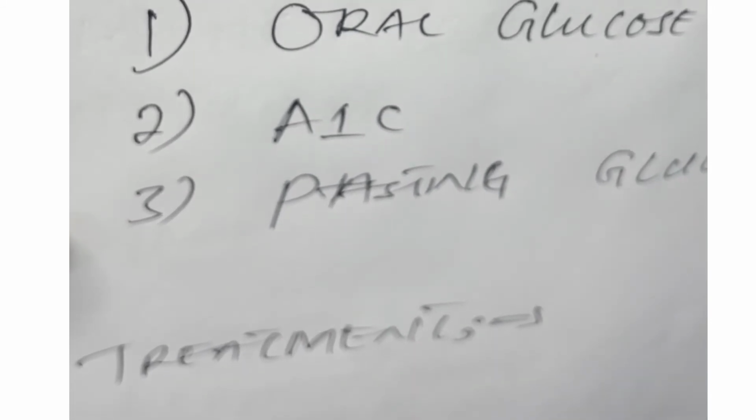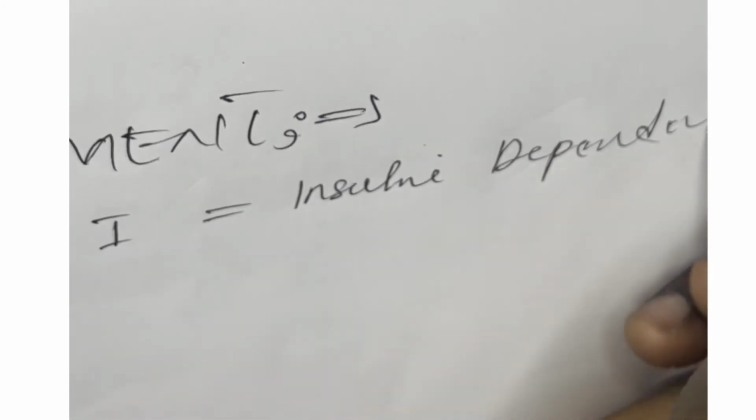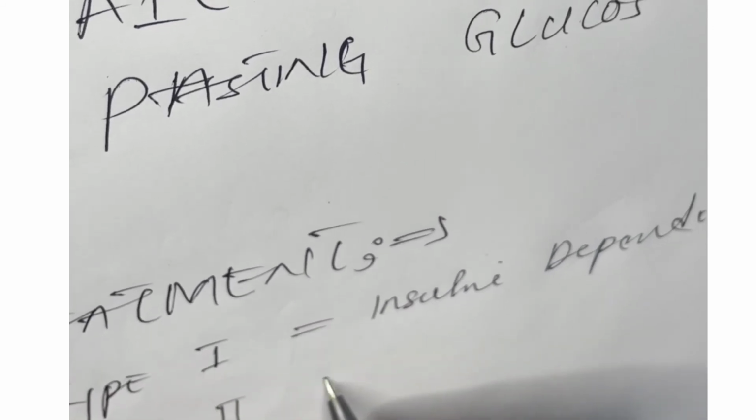But for type 1 and type 2, as we know, type 1 is insulin dependent diabetes, while type 2 is insulin resistance diabetes.